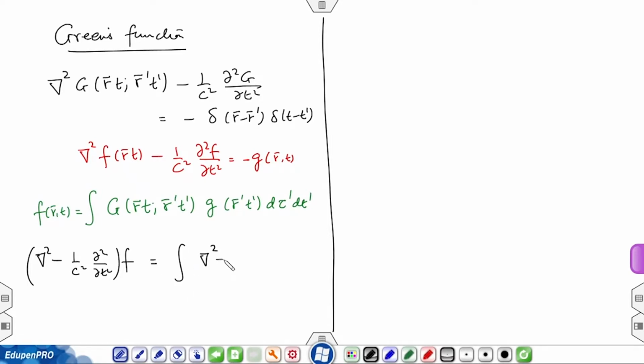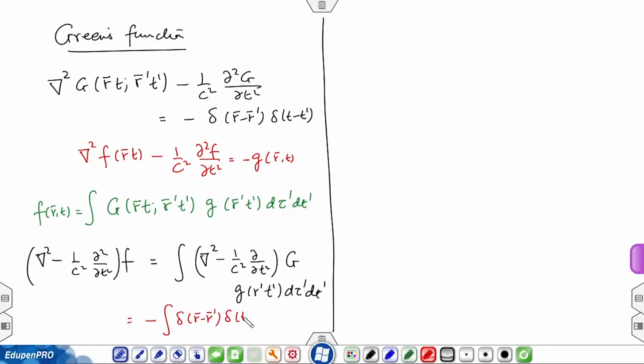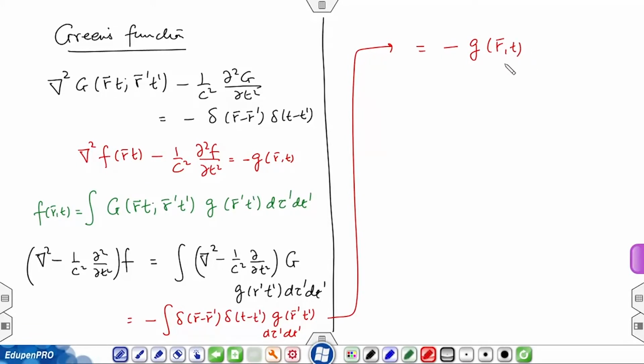The same operator I can take inside the integration, because this depends on unprimed variables, g(r prime, t prime) d tau prime dt prime, and this is nothing but minus integration delta(r minus r prime) delta(t minus t prime) g(r prime, t prime) d tau prime dt prime, and this gives you equals minus g(r, t). So, if I can find that Green's function, I am done.